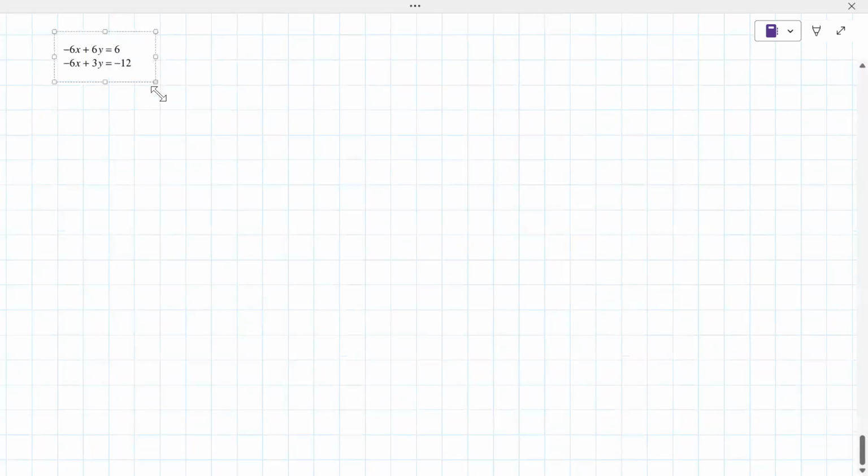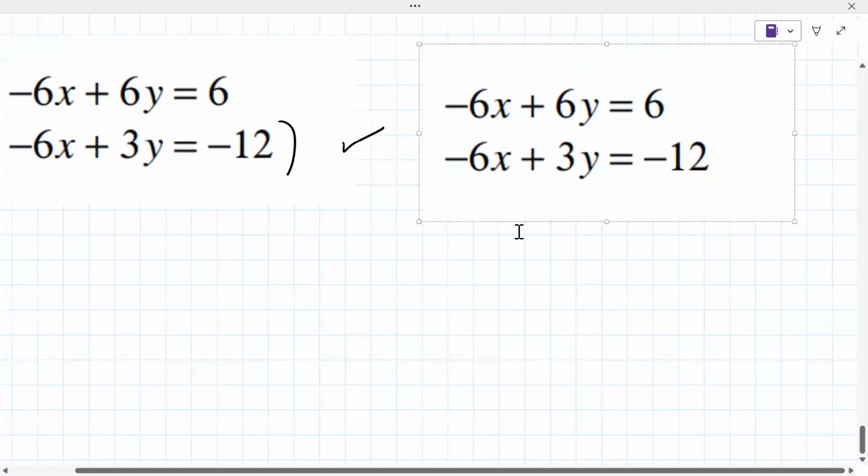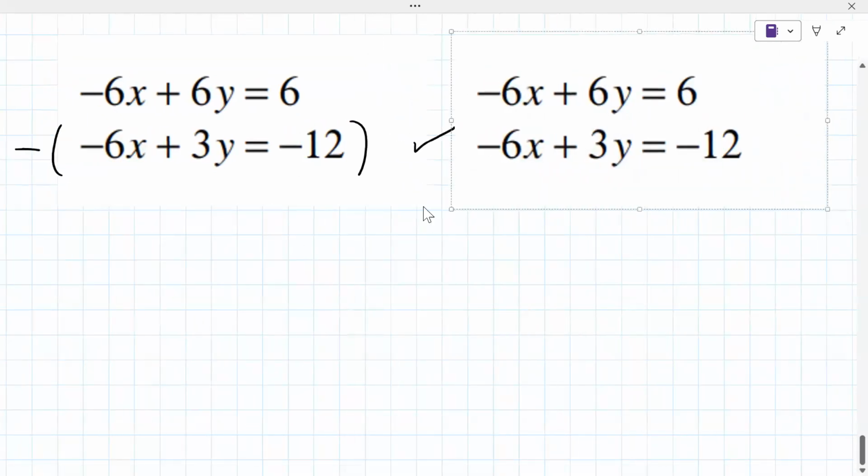This problem illustrates the awkwardness of subtracting. These are the same sign. If you were to just try to subtract these, it does work, but you may find it's better to multiply one equation or the other by -1, like we did in the previous problem, which is what you chose to do, and it's fine.